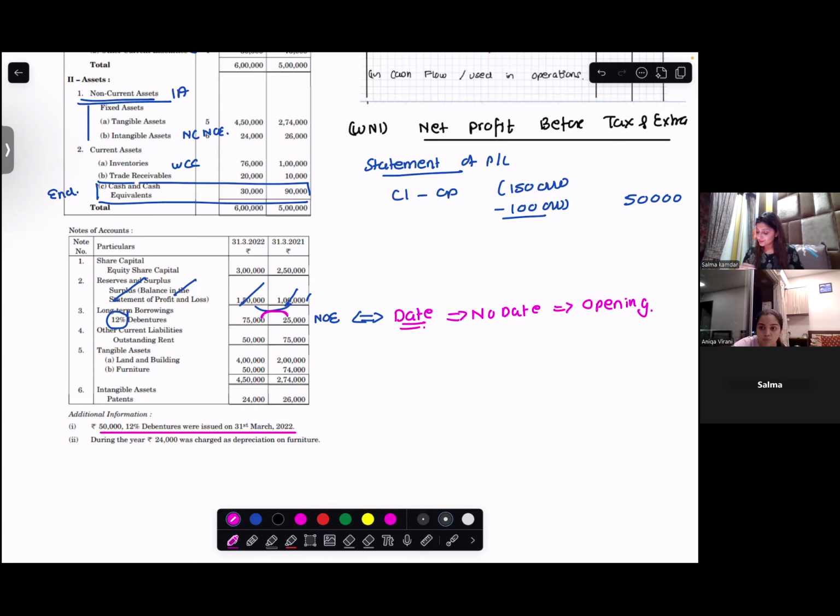So interest on debentures will be calculated on 25,000. You took the loan only on the last date, so will you give interest for the full year? No. So interest on debentures will be calculated on 25,000 into 12%.